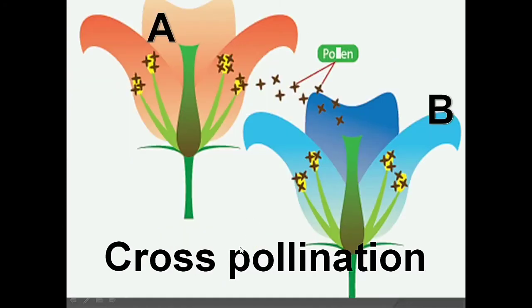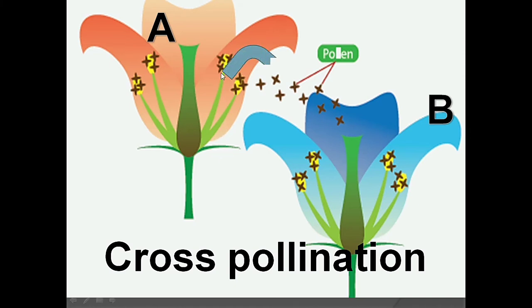Then what is cross-pollination? This is flower A and this is flower B. From flower A, pollen grains are carried and deposited on the stigma of flower B. This type of pollination is called cross-pollination.